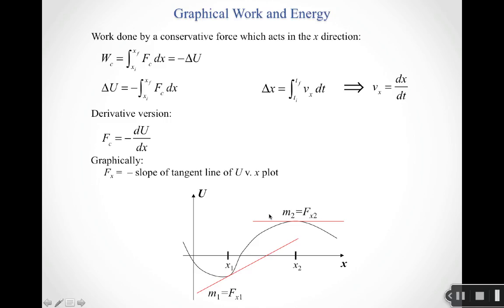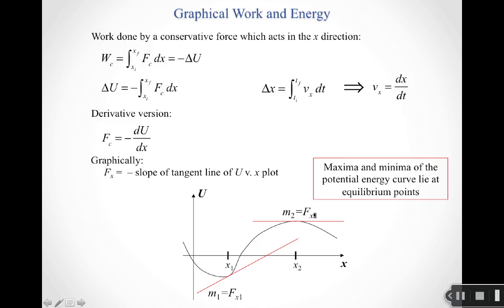The slope itself actually happens to be negative the force. So there's a minus sign that should be in here. So this is a positive slope, but that positive slope would actually correspond to a negative force at this position. Here, at this particular position, at x2, we notice that the slope basically is 0, which is telling us that the force is 0.